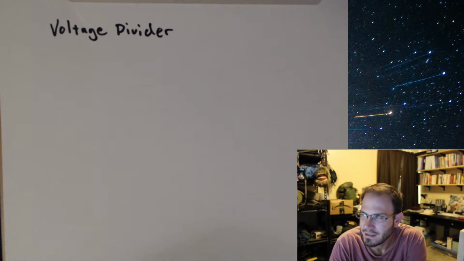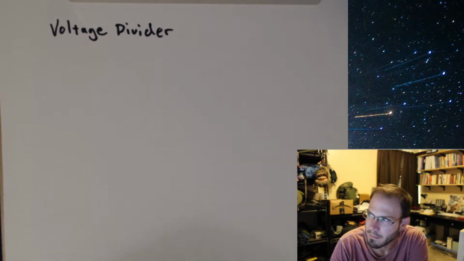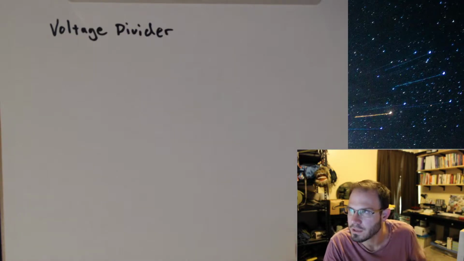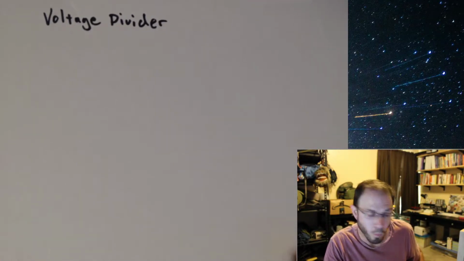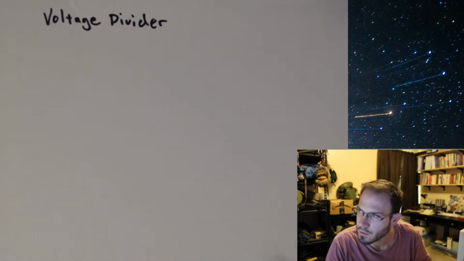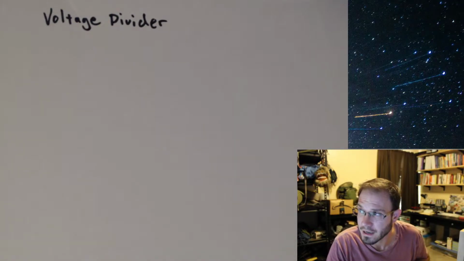This is a circuit element that is in every single thing that I've done, whether it's an embedded system or other. I always end up using a voltage divider at one point. So this is one of those special use cases where it is definitely worth it to remember and learn the formula that we're going to see here in a minute.